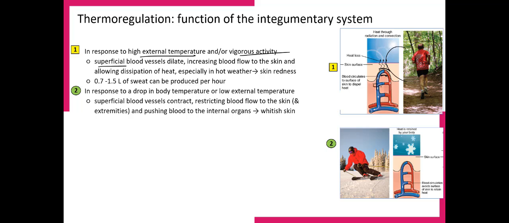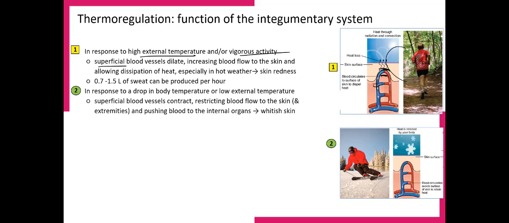And that's why when we're hot, either because the outside temperature is hot or when we're running or indulging in any sort of physical activity, our skin appears red, because the superficial blood vessels become bigger to allow more blood to go through.